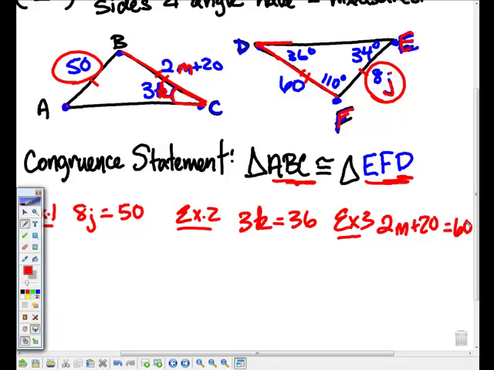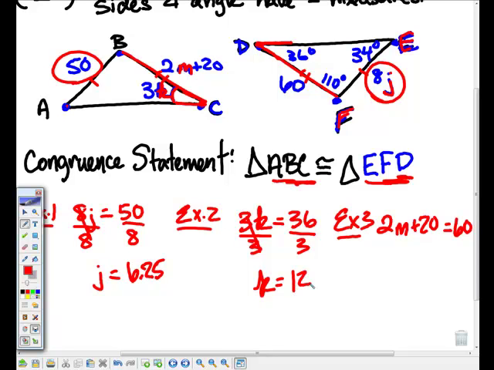And now if we go through and solve these equations would be the last step. If we divide this by 8, we divide this by 8, we get the j by itself, and 50 comes out to 6.25. Here we would have to divide this side by 3, we would have to divide this side by 3. 36 divided by 3 is 12.